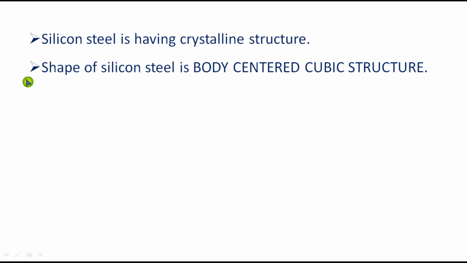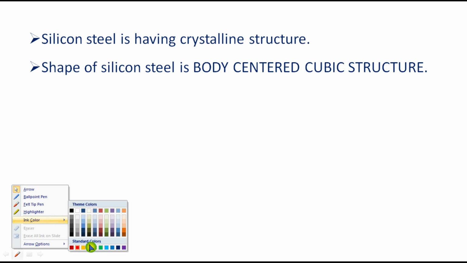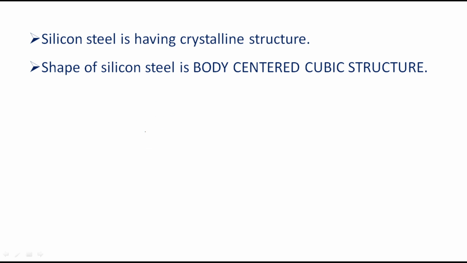So the basic structure of silicon steel is body centered cubic structure, which means body centered.